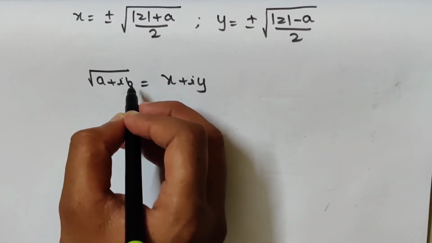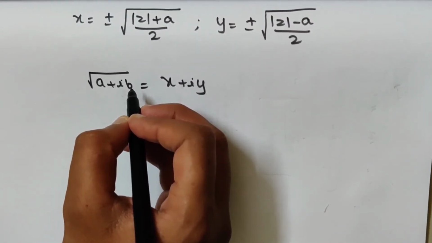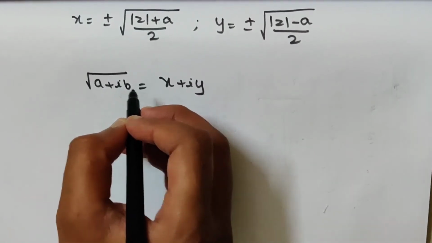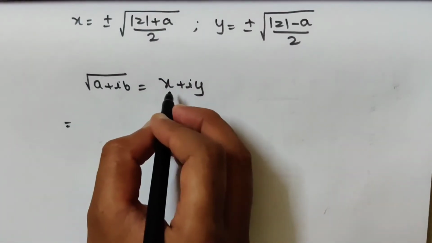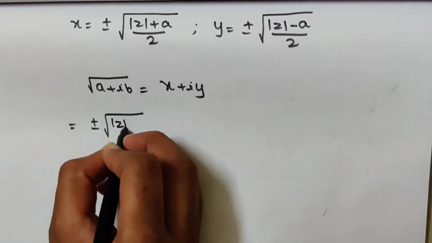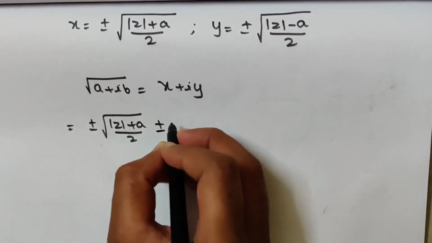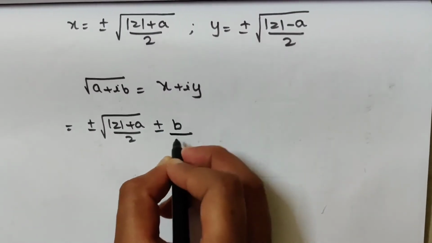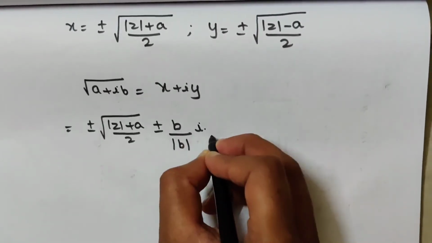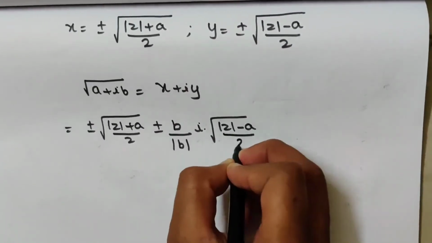It is clear that both x and y will have the same sign when b is positive, and x and y have different signs when b is negative. So this can be written as x is plus or minus square root of modulus of z plus a by 2, plus or minus, I am going to add b by modulus of b, i square root of modulus of z minus a by 2.